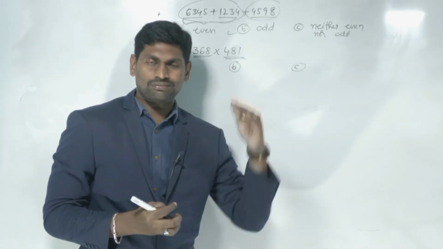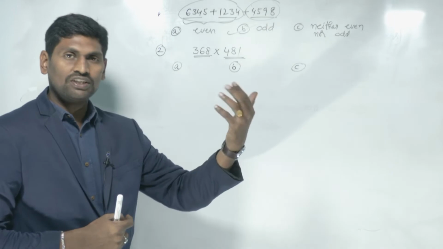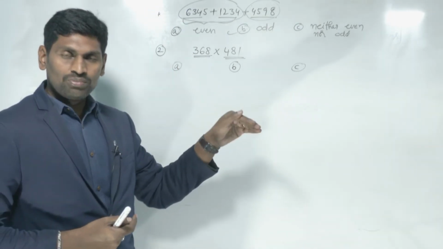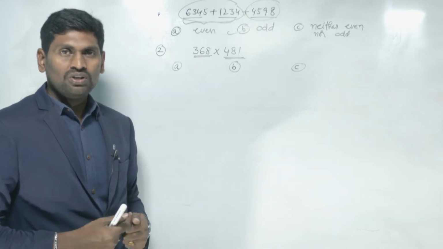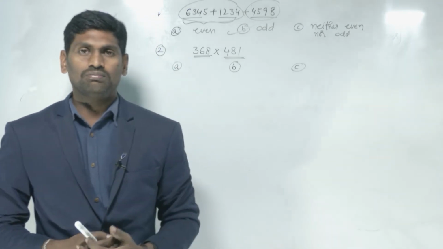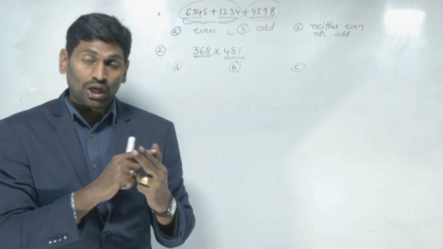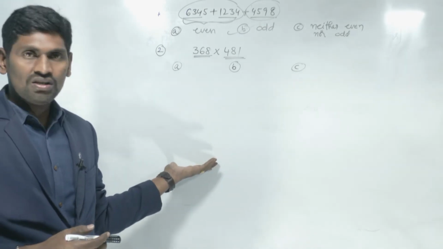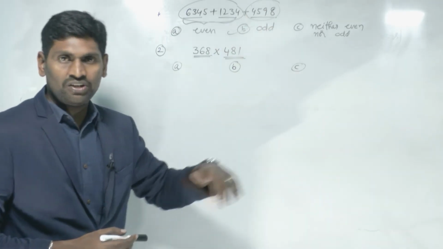We discussed the maximum 6 conditions. Out of them only two give odd numbers, the remaining all even. What are the two? One odd number and one even number: if you add, it will give an odd number. And the product of two odd numbers, that is also odd. Remaining all even only, no?